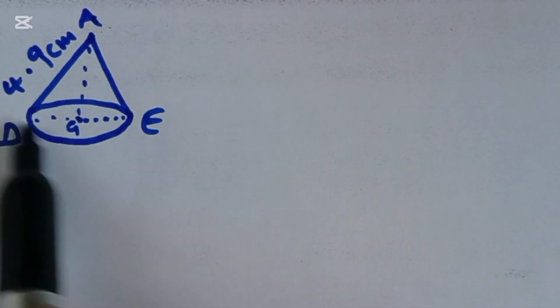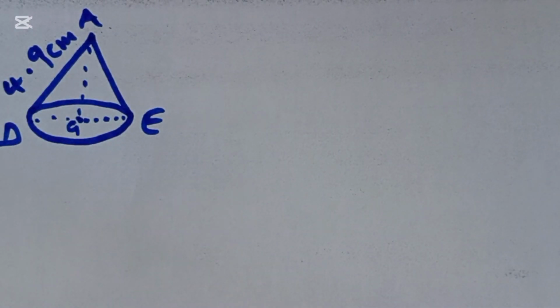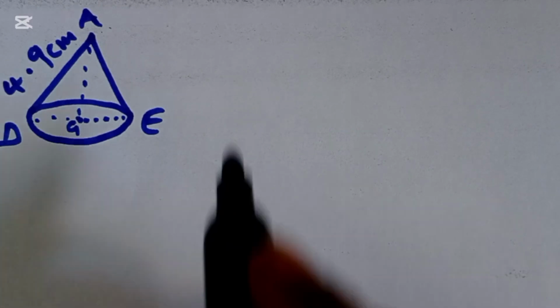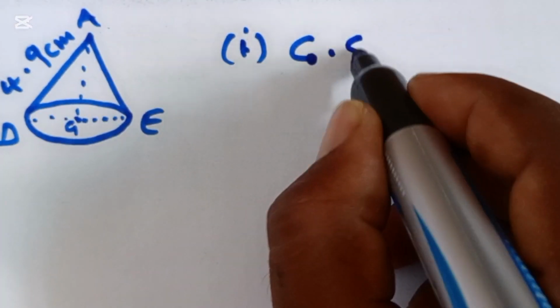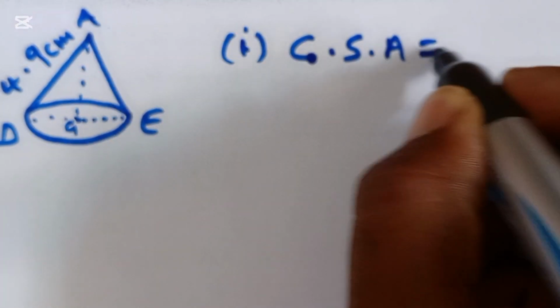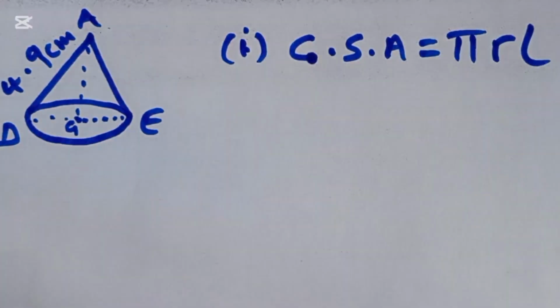So this shape is the shape of a cone. So how do we calculate the curved surface area of the cone? So the formula is given by, so that is the formula of a curved surface area. So curved surface area is equal to pi times radius times the slant length.